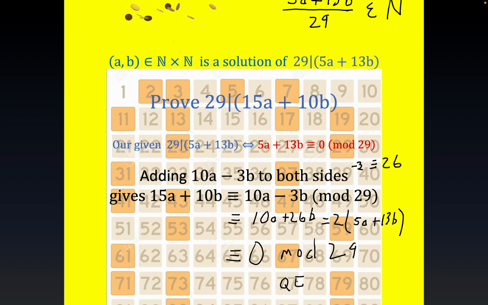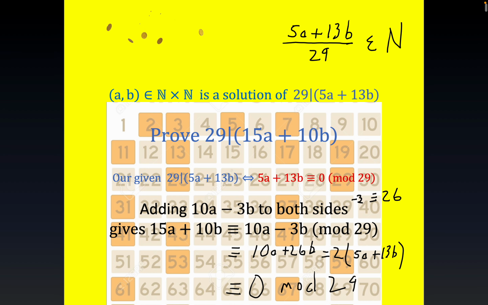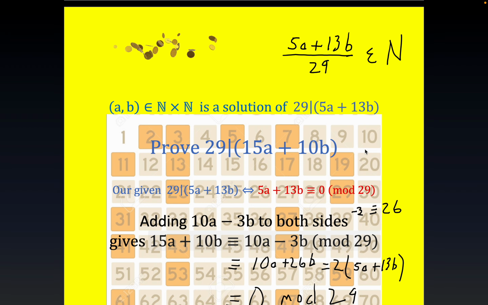We are done with the problem, folks, just by doing a few manipulations with modular arithmetic. I'm just checking I got this right: factor the 2 out of here, yes, okay. Now, think about how you would have done this if you weren't armed with modular arithmetic. You would have to write down something like 5a plus 13b is equal to 29m, where m is another integer.